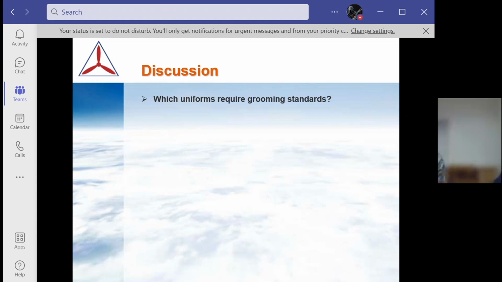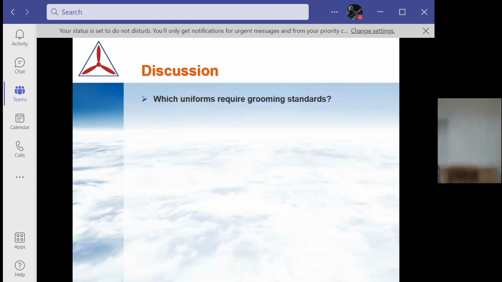Which uniforms require grooming standards? All of them, except corporate. You don't have to take a bath for corporate. Well, that's technically a grooming standard. You don't have to cut your hair.